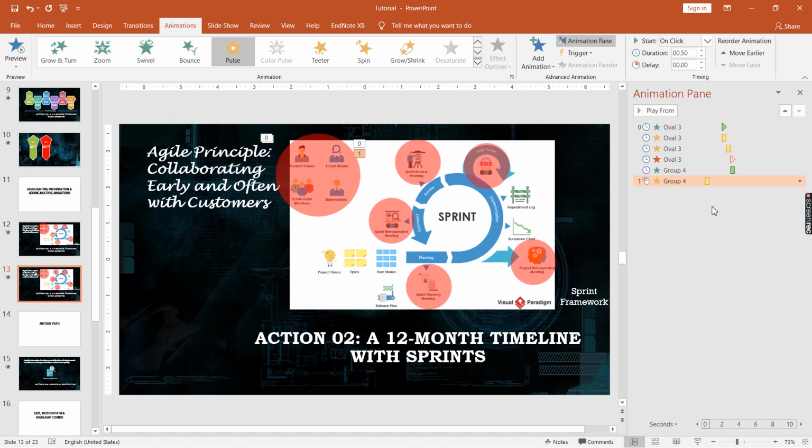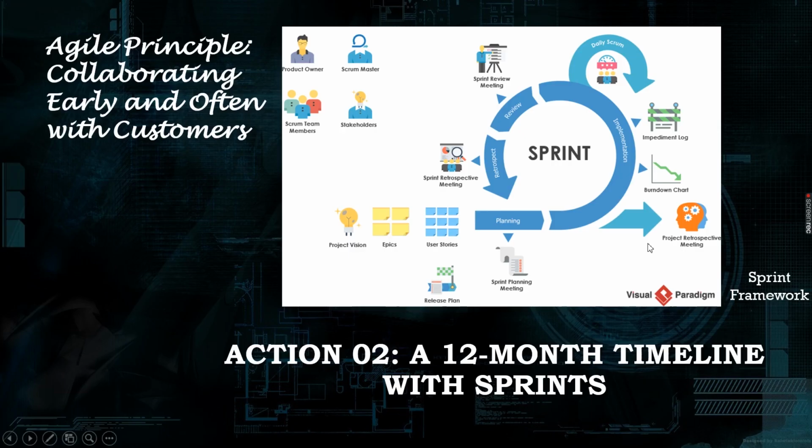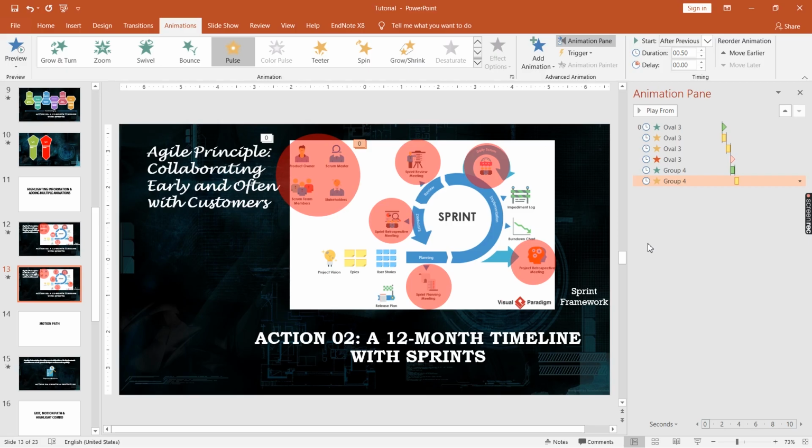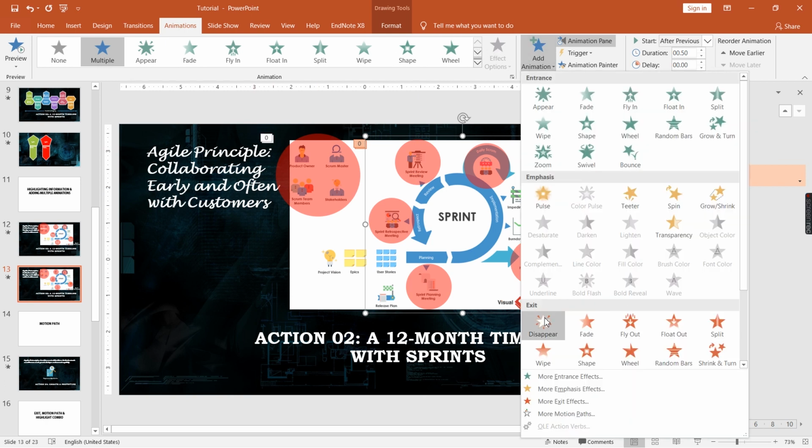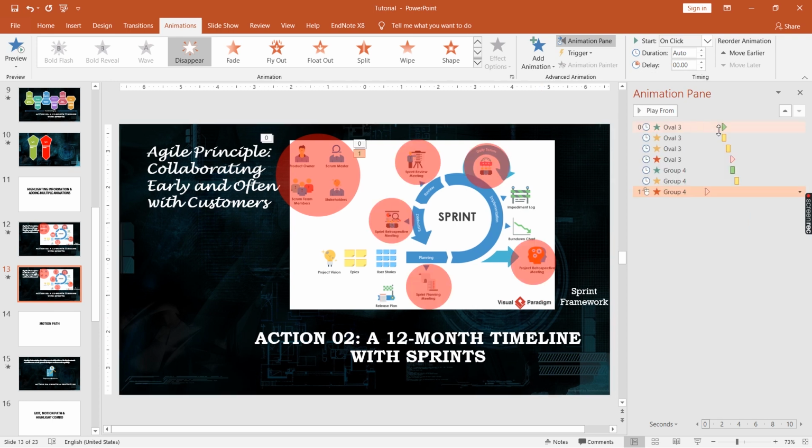And I won't do a double pulse because this one's dramatic enough. So you just have to figure these things out as you go and just use whatever works best for you. And of course I need it to disappear after, so I'll use the disappear option, but after previous.